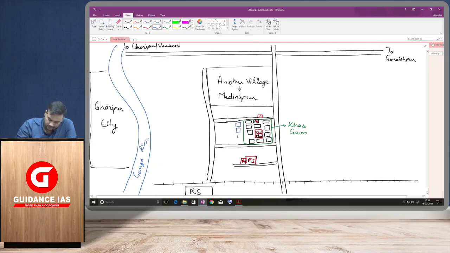So here lies the working caste communities. For example, here there is a pond located.